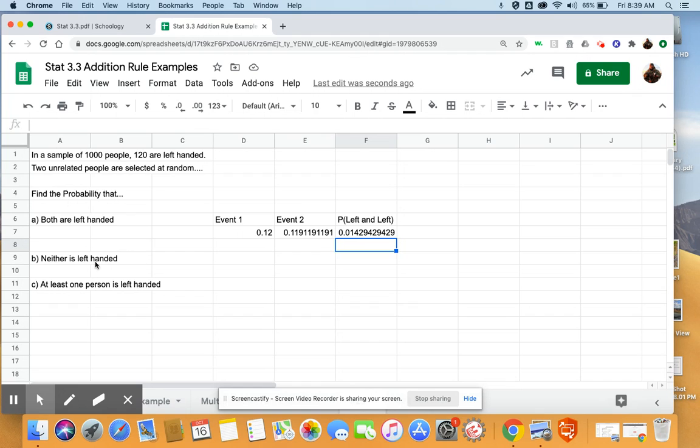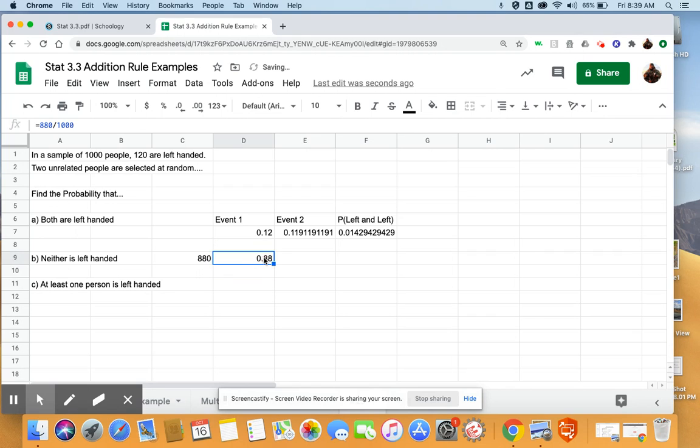Our second one says neither is left-handed. So if they're not left-handed, then they're obviously right-handed. Well, we can really quick equals 1,000 minus 120, and that'll tell us how many right-handed people there are. Well, there's 880 right-handed people. So, again, event 1 is going to be a right-handed person. If they're not left-handed, they're right-handed. So we have 880 divided by 1,000.